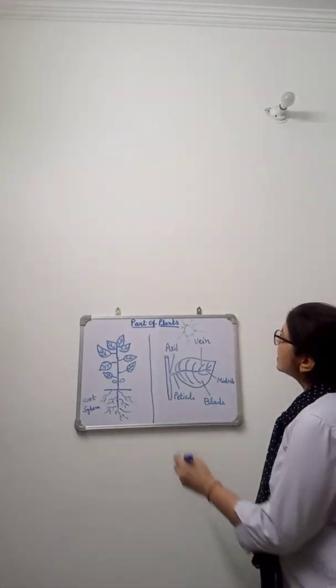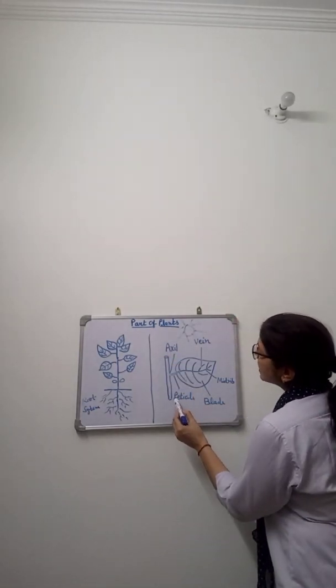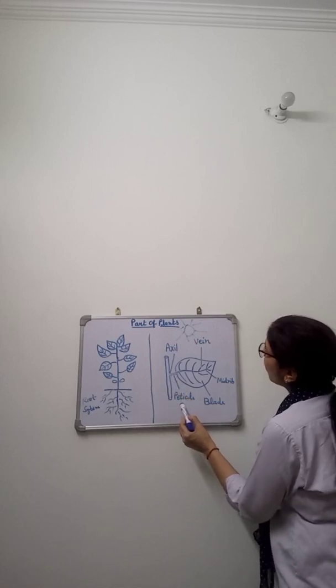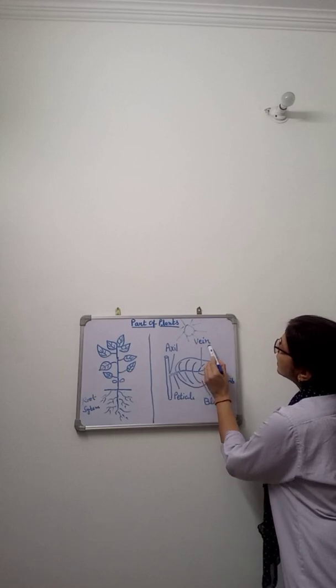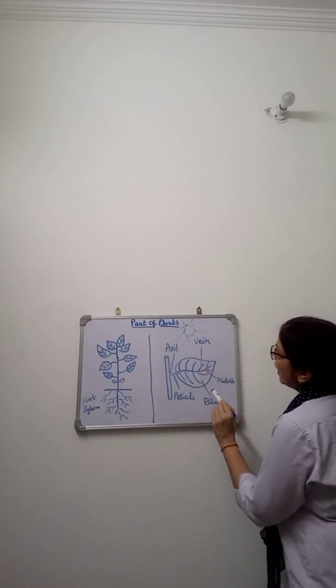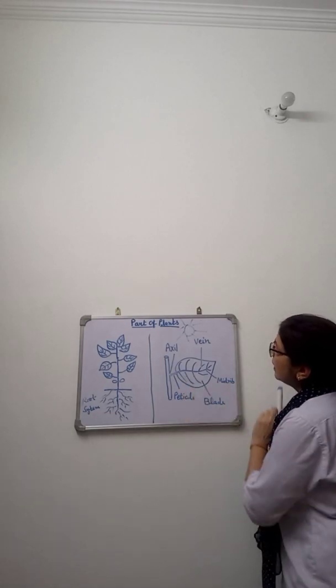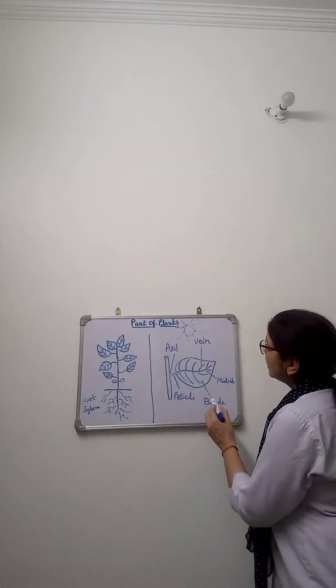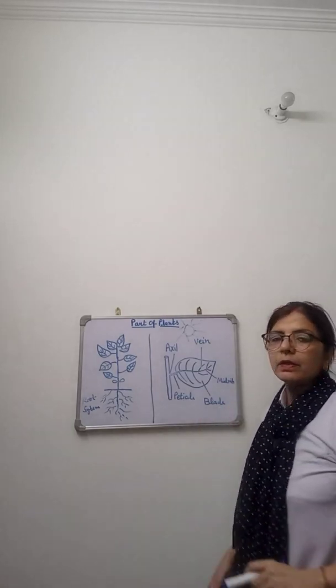Okay, this is the axil, this is the petiole, there are so many side veins, they are called veins, and this is the midrib in the middle of the leaf, and the flat surface of the leaf is called the plate.